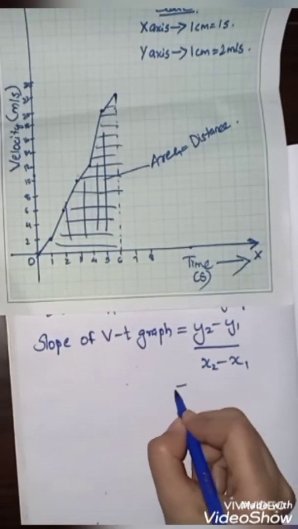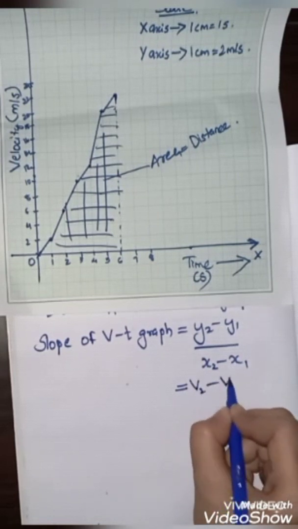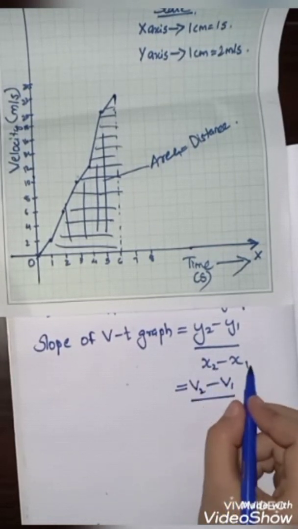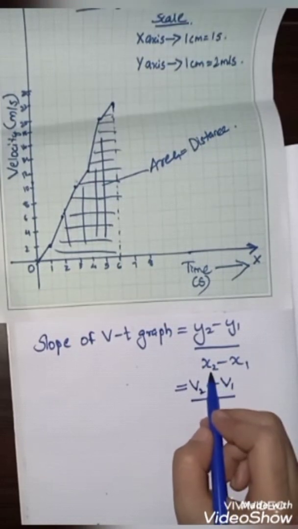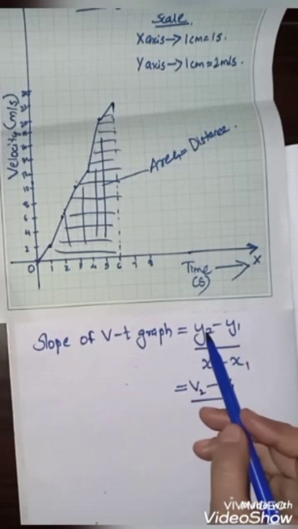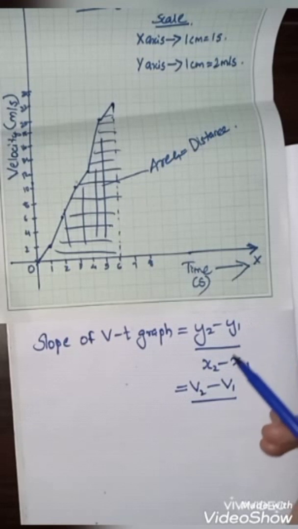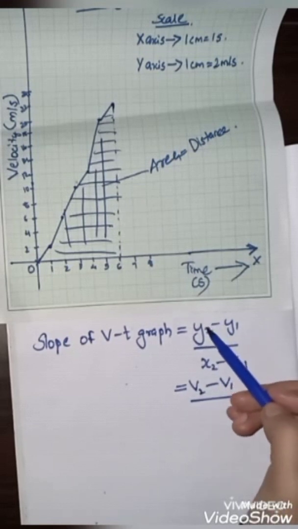So we can take any 2 points of velocity, that is v2 minus v1, and x2 minus x1. x1 and x2 are the 2 points on the x-axis corresponding to y1 and y2. x1 corresponds to y1 and x2 corresponds to y2.